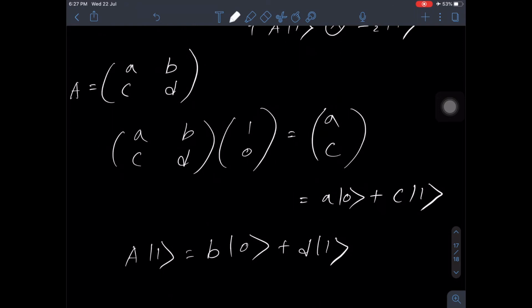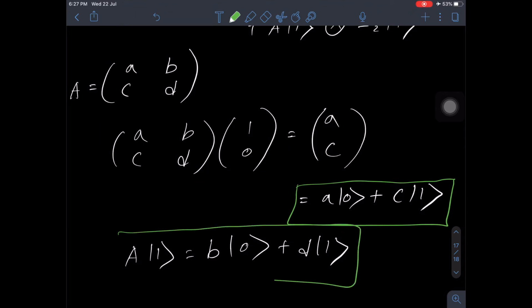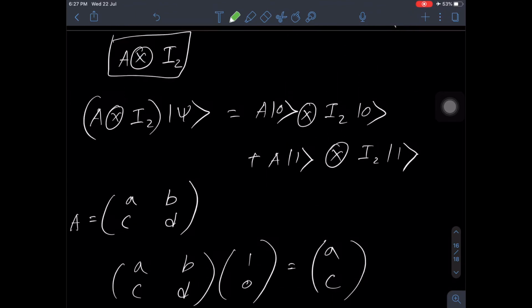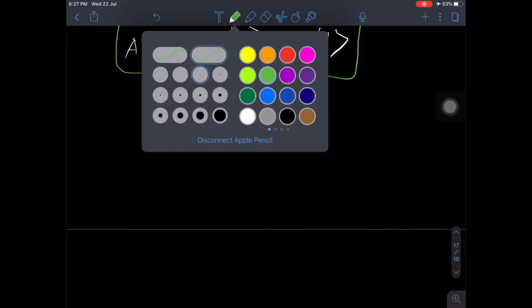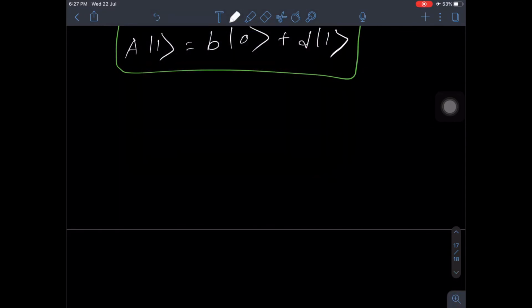Okay, let me mark it. You have this one and this one. Now you can plug these results here and here. So if you do that, what you get is something like this.